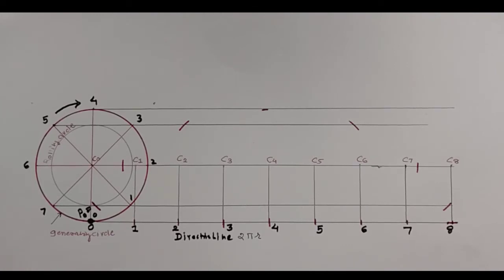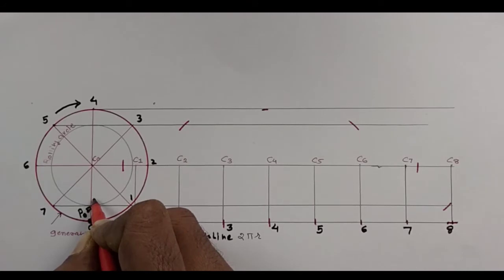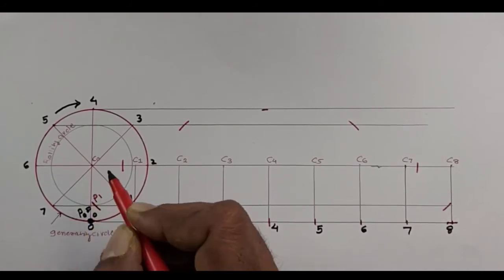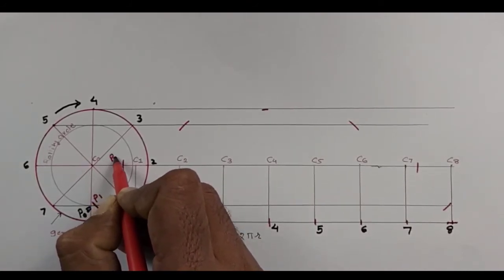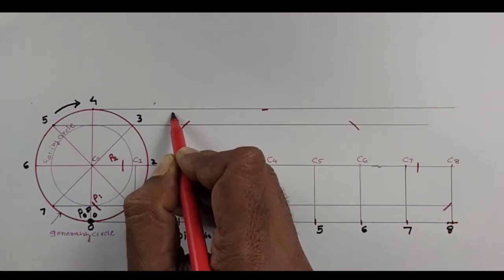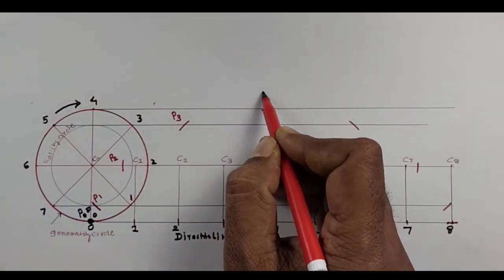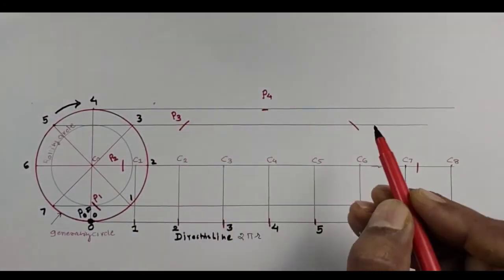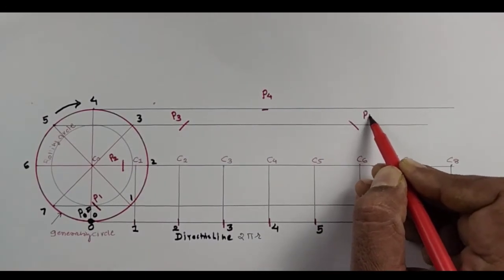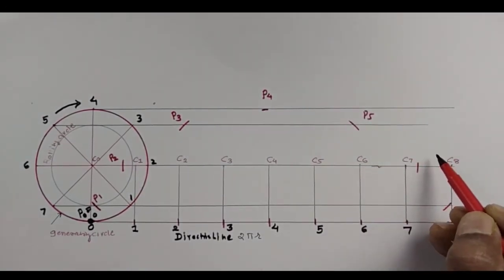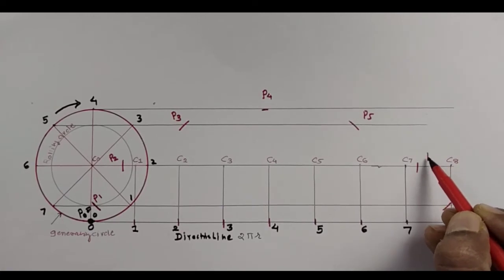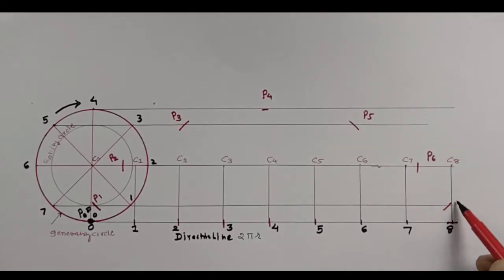Now we mark the points. So this is our P1, it is our P2, this is our P3, this is our P4, it is our P5, this is our P6, it is our P7, and the last point is our P8.